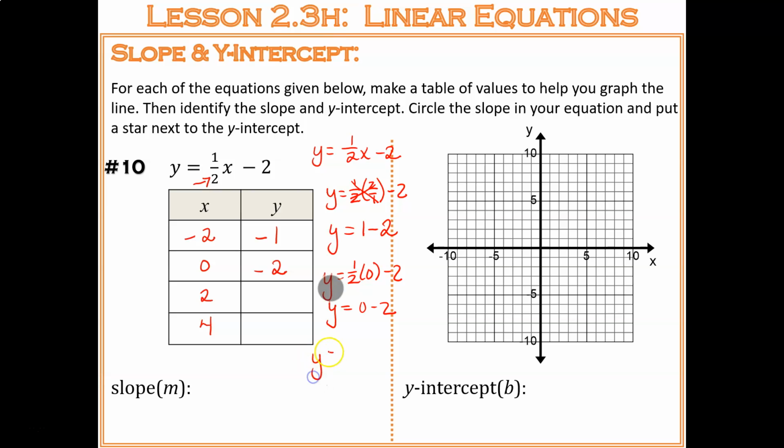If I plug in 2, since it's a multiple of the denominator, you can cross-cancel so much easier. Okay, this up here should have been -1. So this is -1 minus 2, which is -3.